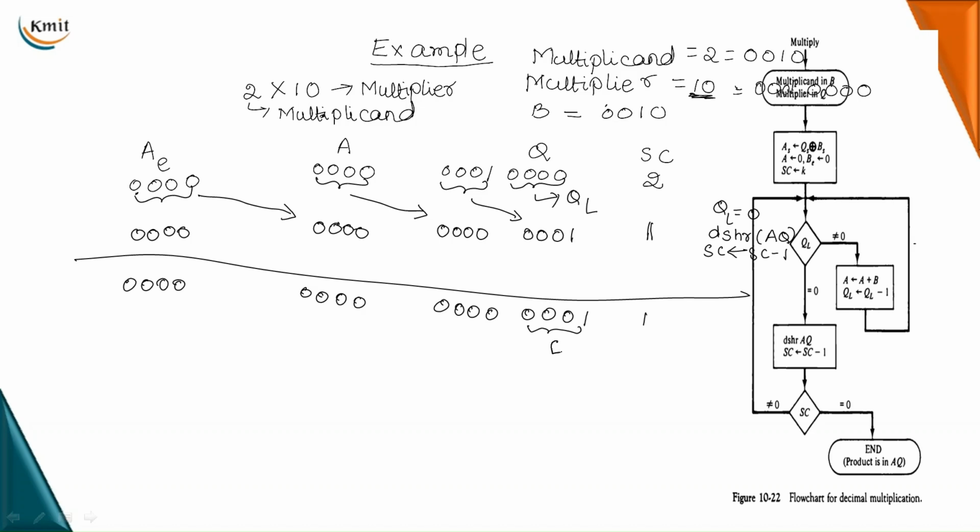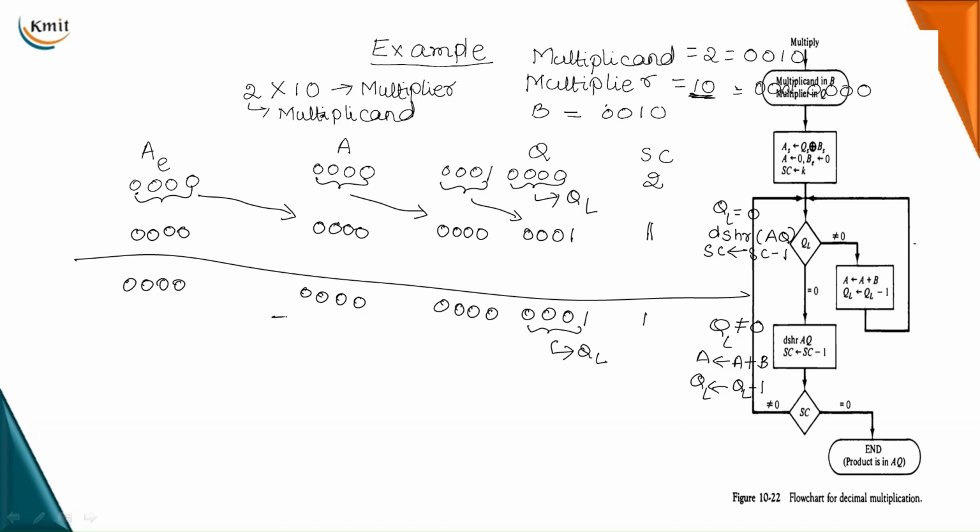Now again check the value of QL. QL is now 1, since 0001 means 1. QL is not equal to 0, so you have to add B to A and decrement QL by 1.